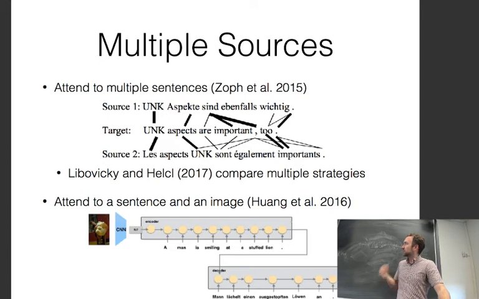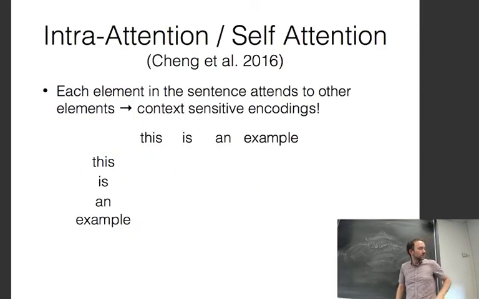I'm not actually familiar with the dialogue literature, but it seems very natural to also do something like this for dialogue. In dialogue, you're grounded, you could be in a specific scenario, so you would want to attend to the things you see in addition to what the previous person talked about.